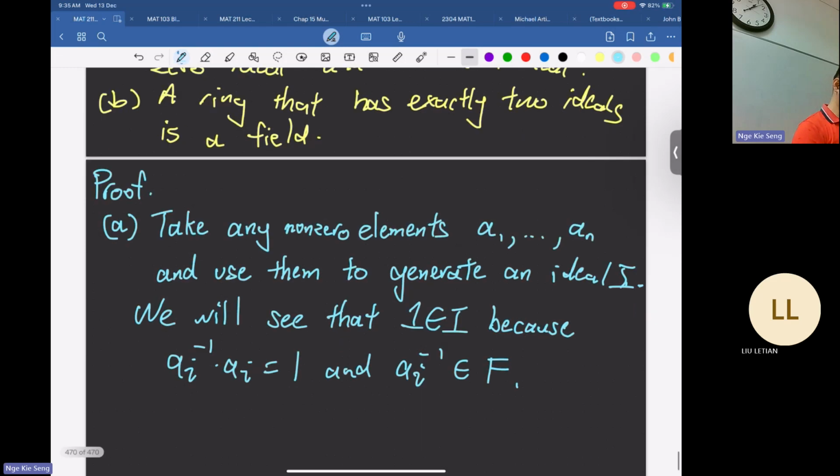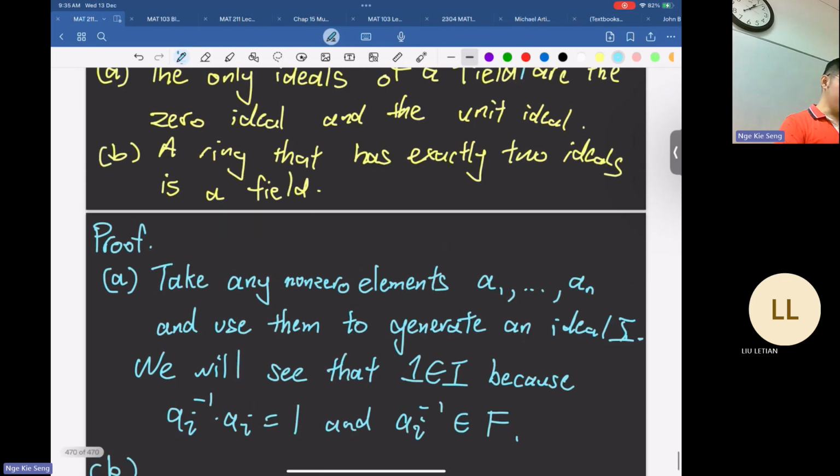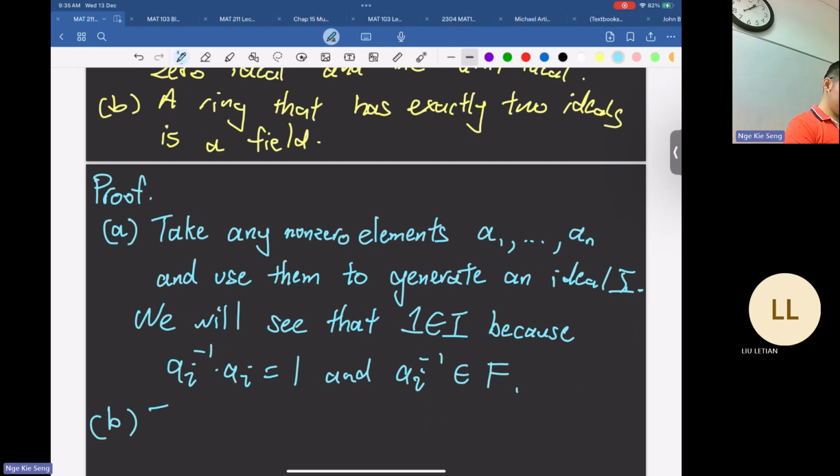Okay, let's go to the second one. B: a ring that has exactly two ideals is a field. Okay, how to prove this? Every ring must have the zero ideal and the unit ideal, correct?